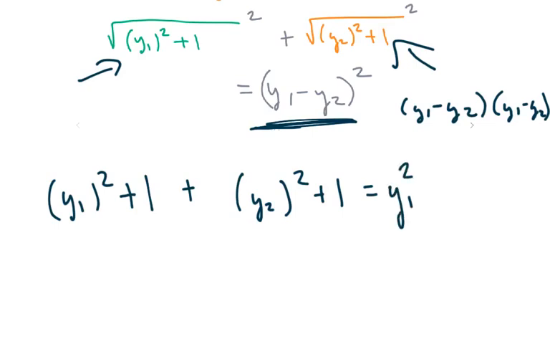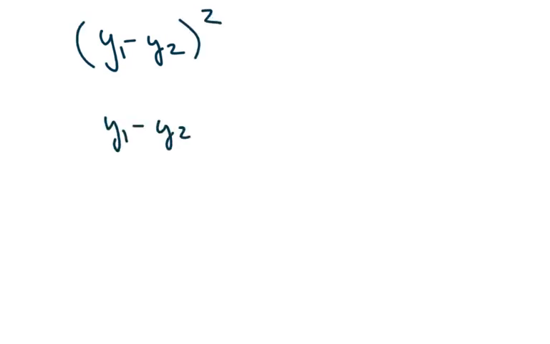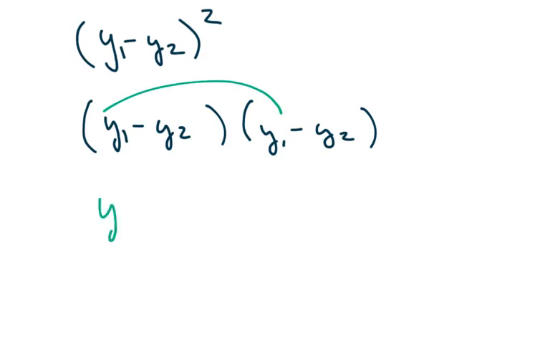It's going to become y1 squared minus 2 y1 y2 plus y2 squared. And let me explain why. So, pun intended, this is the same thing as this. And so we multiply these two together. This gives me y1 squared. Multiply these together, we get negative, because you've got the negative sign here, y1 y2.